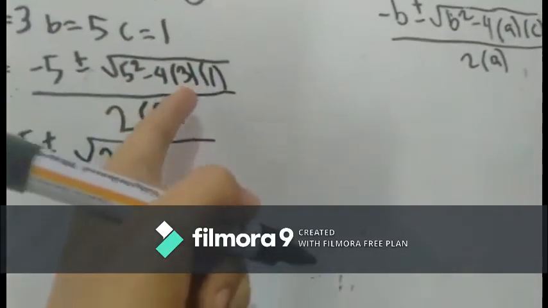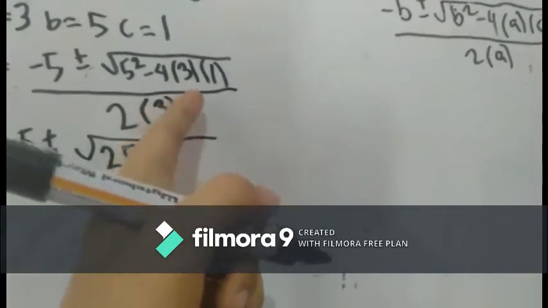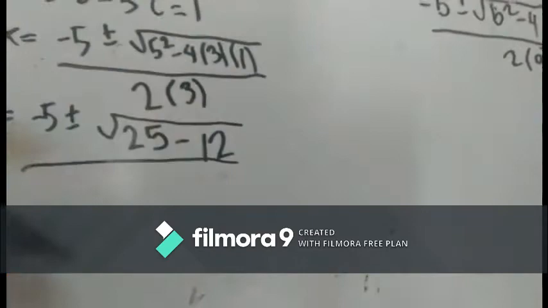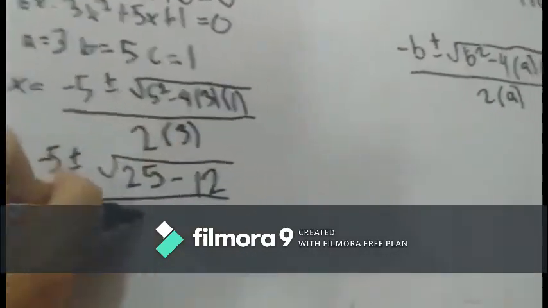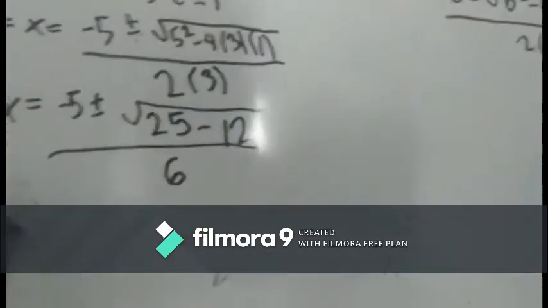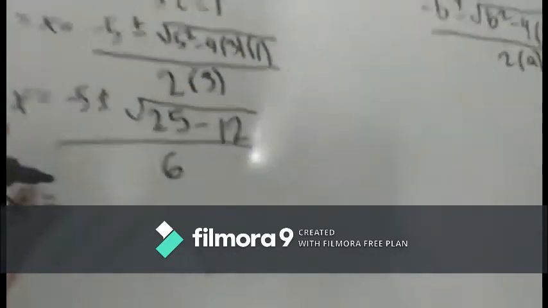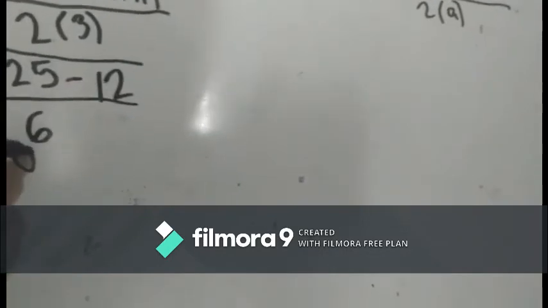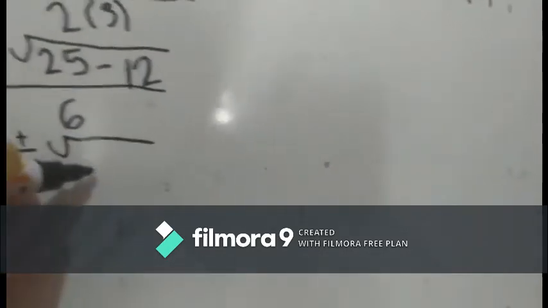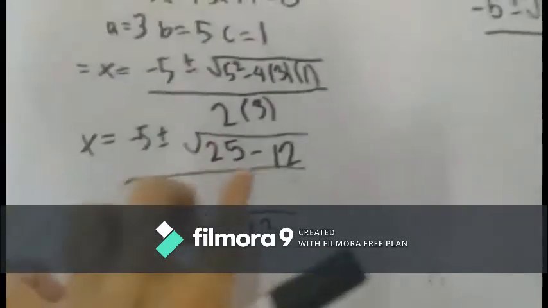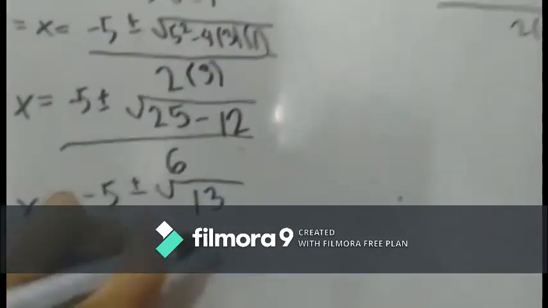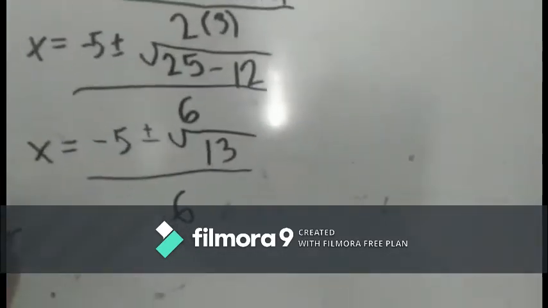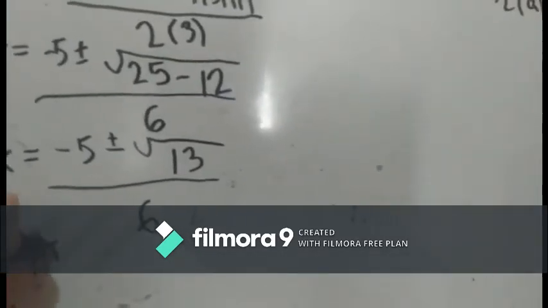Minus 4 times 3 times 1: 4 times 3 is 12. So it will become 12. And then our 2a here will become 6 because 2 times 3 equals 6. Then it will become x equals negative 5 plus or minus the square root of 13, because 25 minus 12 equals 13, over 6. And then simplify to get the final answer.